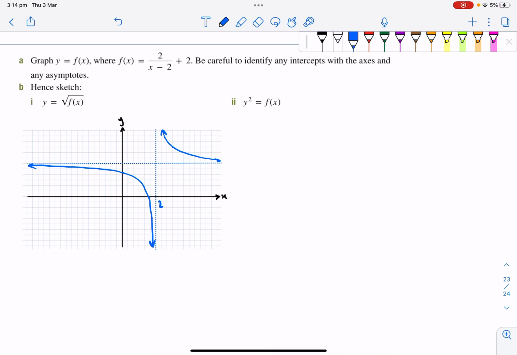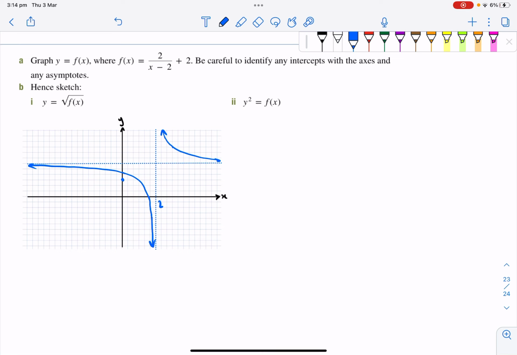All right, perfect. So now let's get the x and y intercepts. x equals 0, we get -1 plus 2, which is 1. So the y-intercept is 1. That's a bit high. No, we can deal with that. 1 should technically be here if I've chosen that scale.